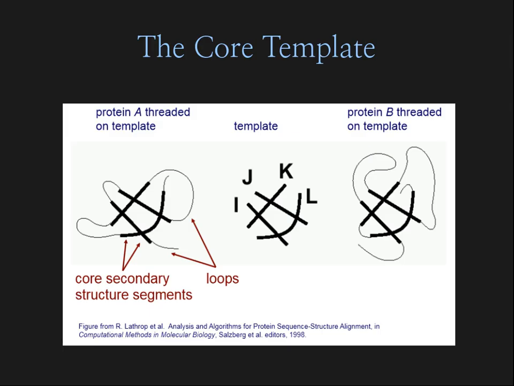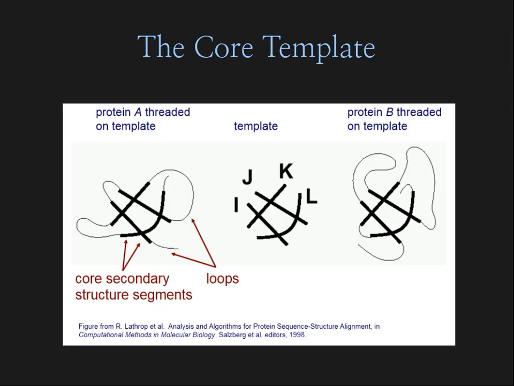Essentially, we have some protein here that we have previous knowledge of, and we have a core set of structures that is known for that template. These are stored in a protein structure database.